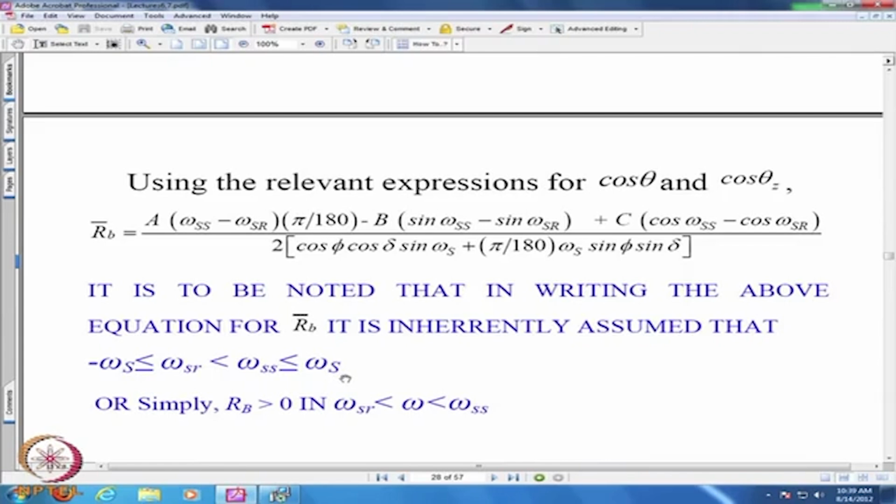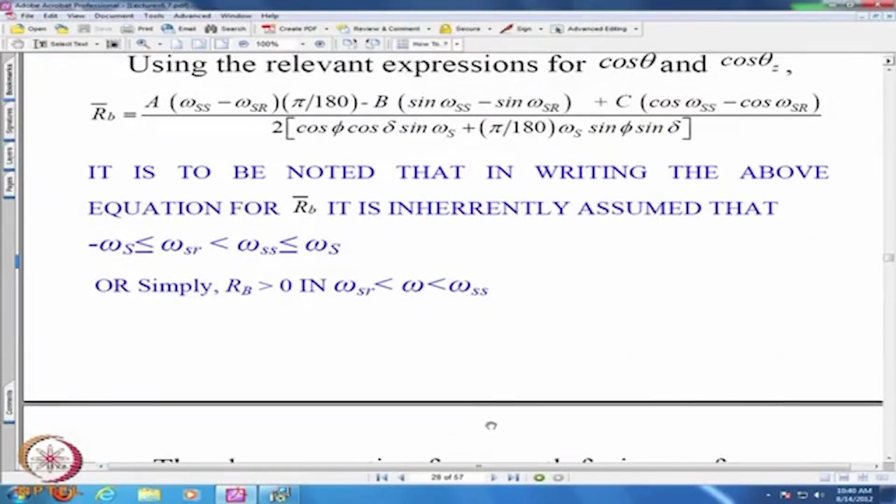Suppose my sunrise hour angle is 32 plus and sunset hour angle is 38 minus, then my integration procedure would give me a wrong value, right? Or simply what it really means is RB should be positive in the interval of my integration. If by chance RB turns out to be negative during omega SR to omega SS, there will be a negative contribution which may subtract even though there is otherwise some positive contribution, and it may lead to an underestimate or maybe even an overall negative quantity.